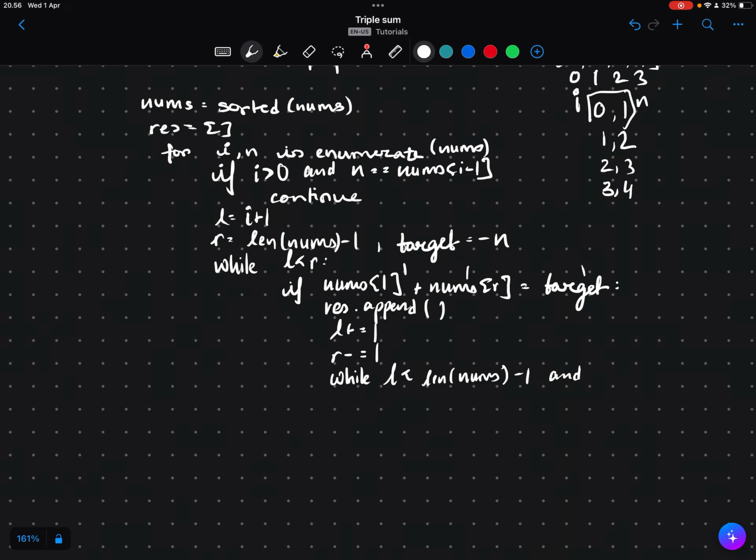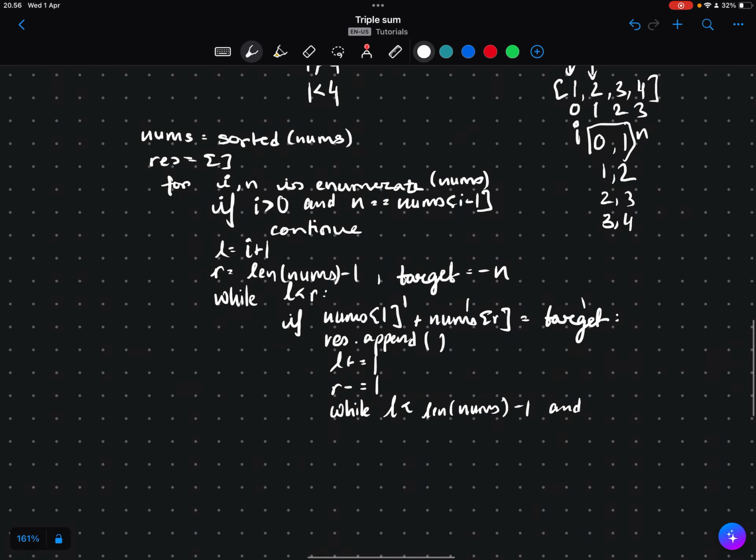So if it is the same and we're going through the left, it'll be the same logic as the one at the start: if nums is the same as the one behind it, then we'll just continue, and the same way but in the opposite direction for right.